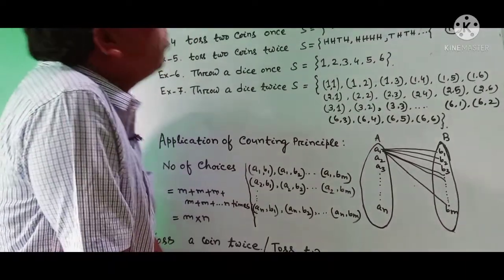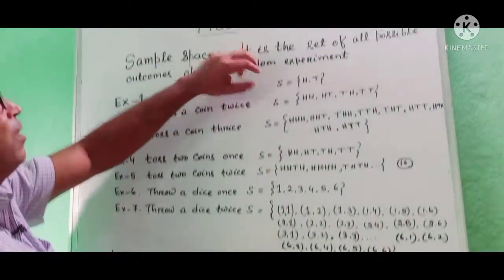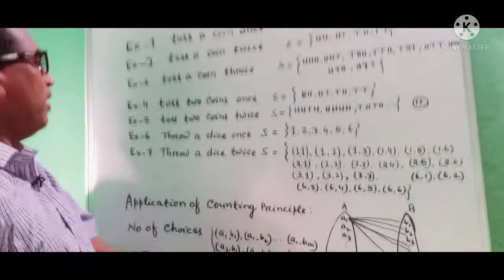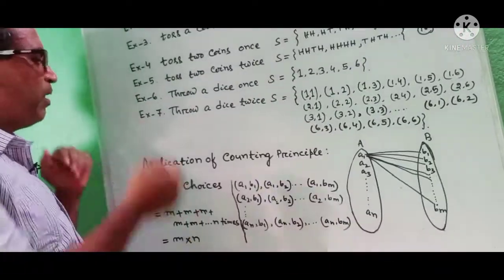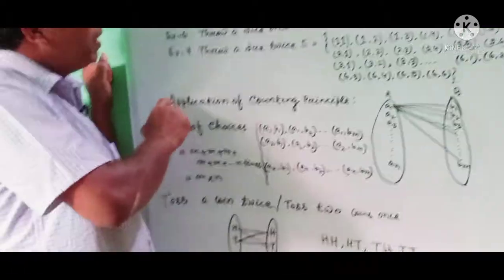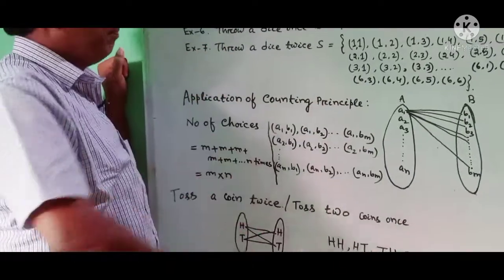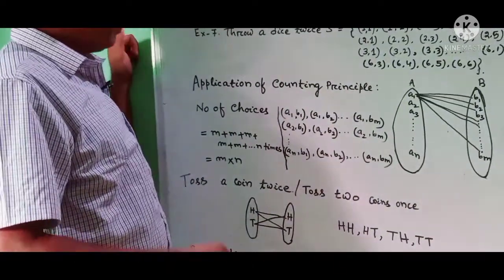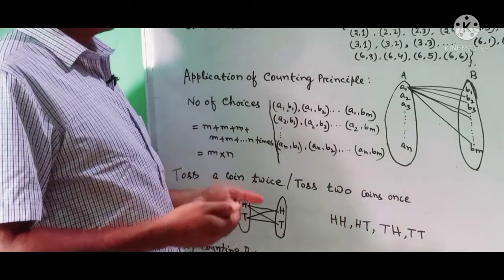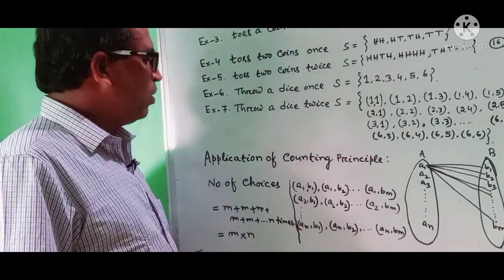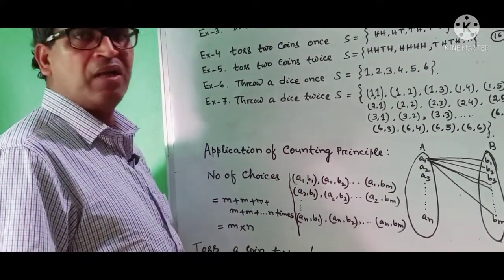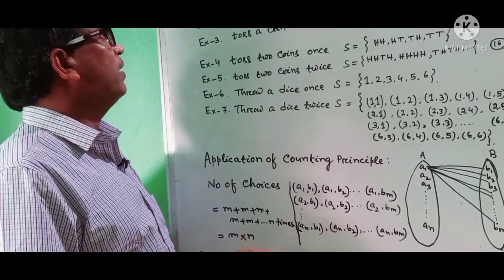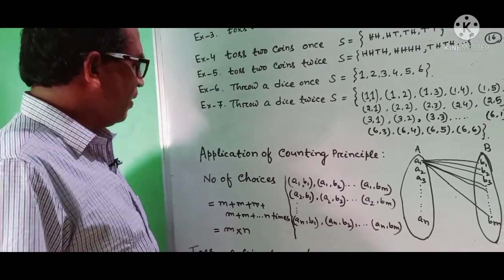By the practical you can confirm the maximum outcomes. Another important point is the application of the counting principle, to get the outcomes and the sample space in probability.